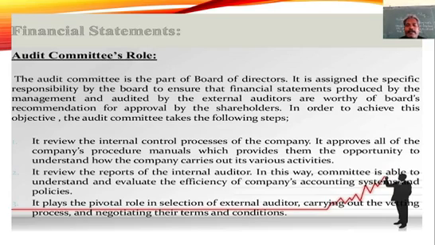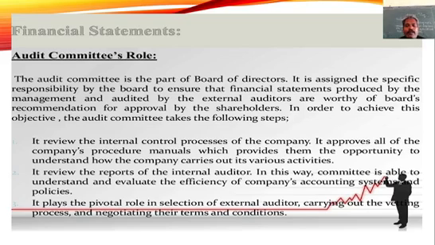So, before preparation and approval by the shareholders, what is all the work done by the audit committee? It reviews the internal control process of the company. It approves all of the company's procedure manuals, which gives them the opportunity to understand how the company carries out its various activities. So the review of the internal control system is the most important, and only then will they approve the procedures followed by the company.